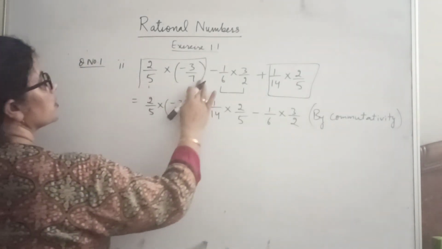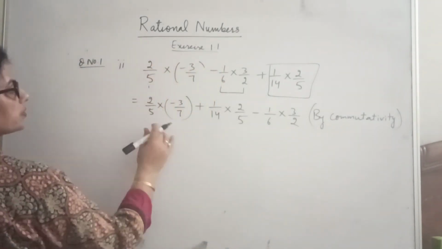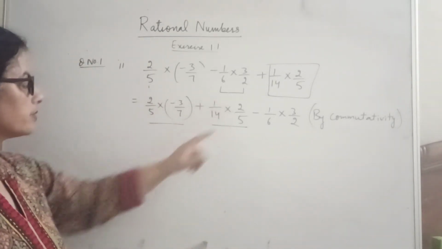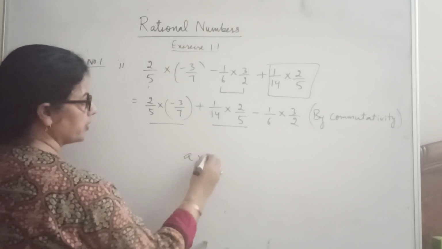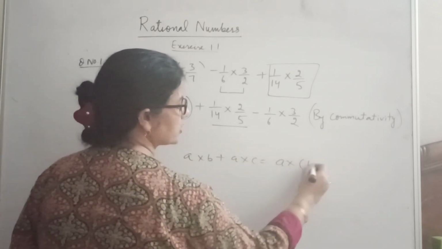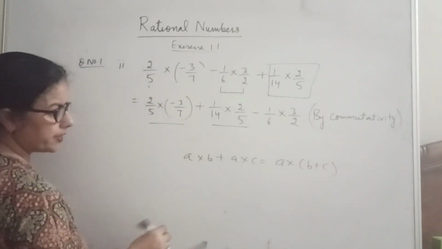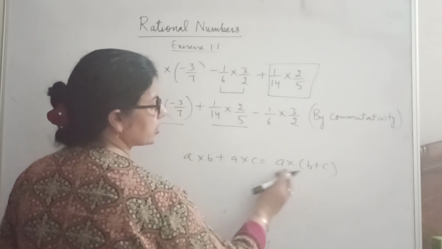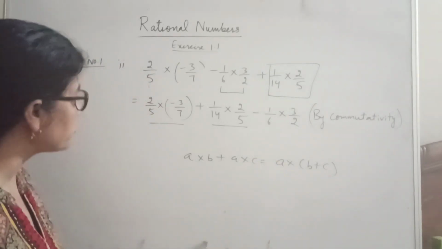Now see, in these two terms, what is common? 2 by 5 is common. You know, A into B plus A into C is equal to A into B plus C by the distributive property. Now this form is given to us, so we can write it in this form by distributivity.